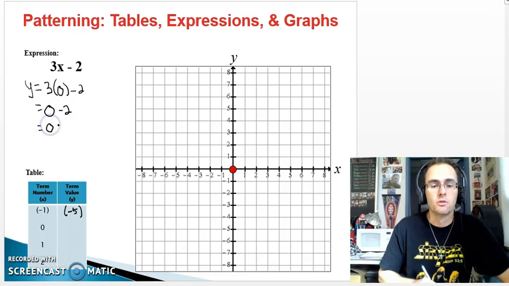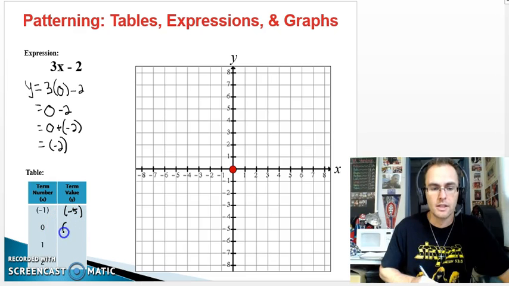Or you can use the rule, so you change this to an addition question, and that 2 becomes -2. And then you could use the rule to figure out that your answer is ultimately -2. So for my 0 term number, or 0 variable, or x, my y for that ordered pair would be -2.